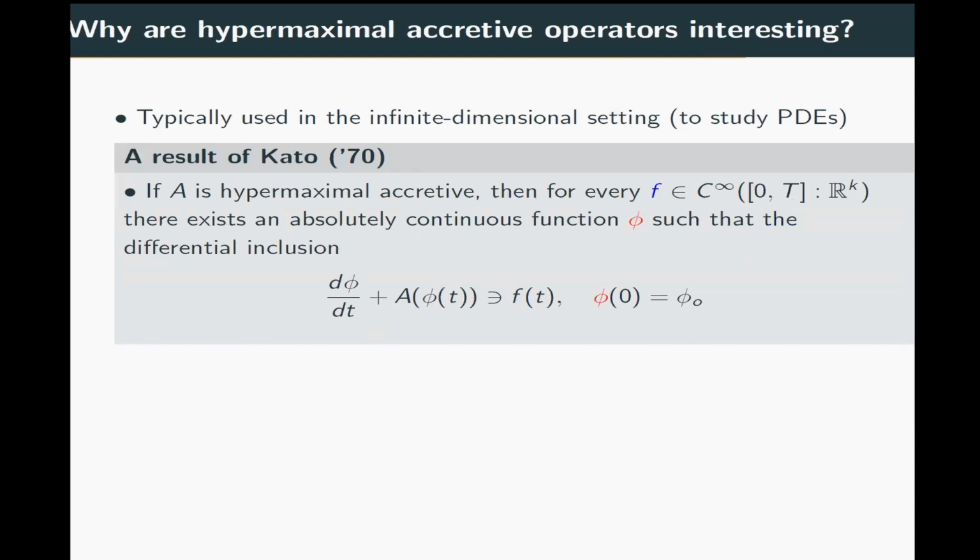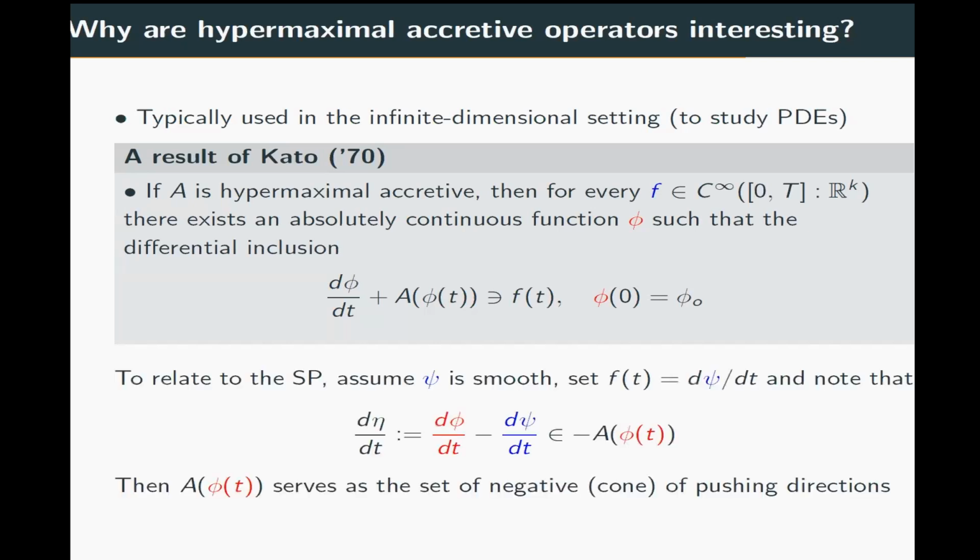Why are they interesting? Why are they important? An old result of Kato from the 70s tells you that if A is hyperaccretive, then this differential inclusion for all smooth functions f has a unique solution. Sorry, I missed out the key thing: that it has a unique solution. So that the differential equation is well defined.